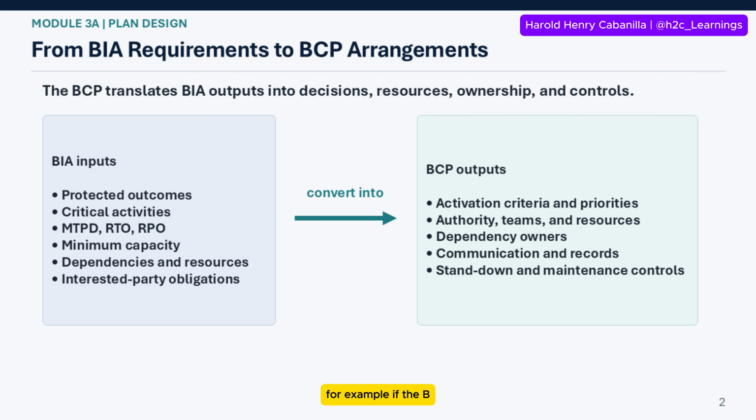For example, if the BIA says an activity must operate at a minimum level within a defined time, the BCP must identify who activates the arrangement, what minimum capacity means, what dependencies are required first, who owns those dependencies, which supporting plans must interface, and what records confirm control. In practical terms, the BCP becomes the bridge between analysis and recovery readiness. The quality of that bridge determines whether the plan is usable or merely complete on paper.